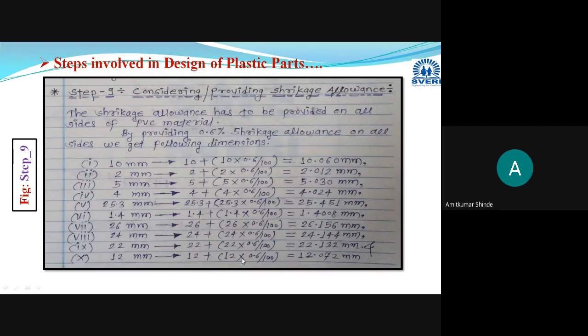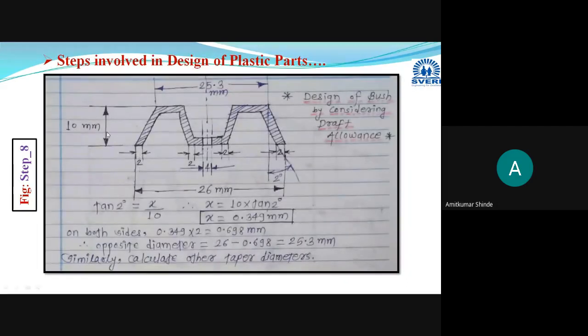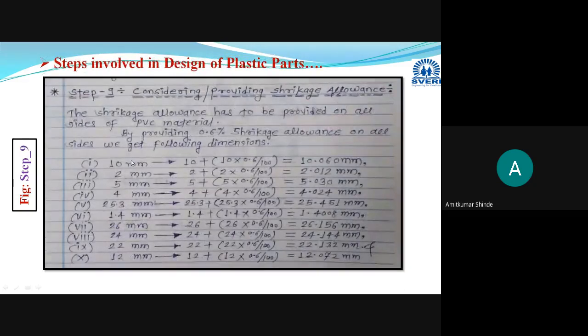All dimensions are modified: this 10 millimeter, 2 millimeter, 26 millimeter, 25.3 millimeter, this 4 millimeter, 2 millimeter. All dimensions are provided with the shrinkage allowance. This is our final stage, and in this way we have designed the bush with the boss.